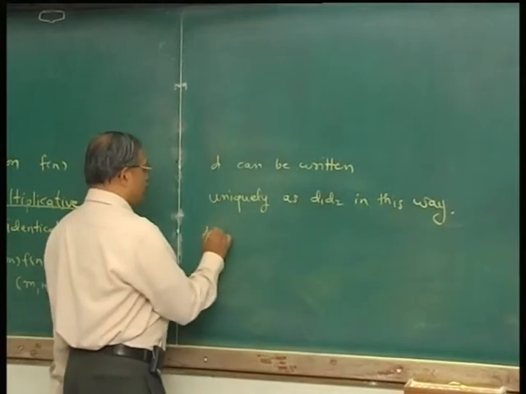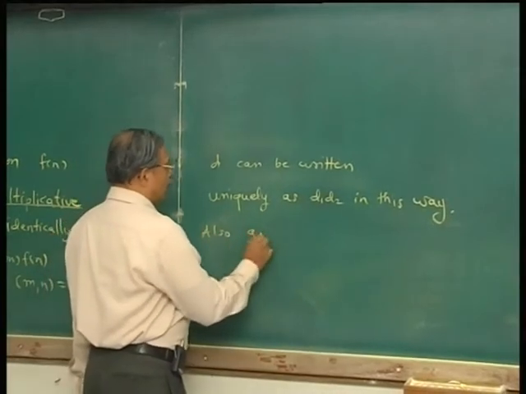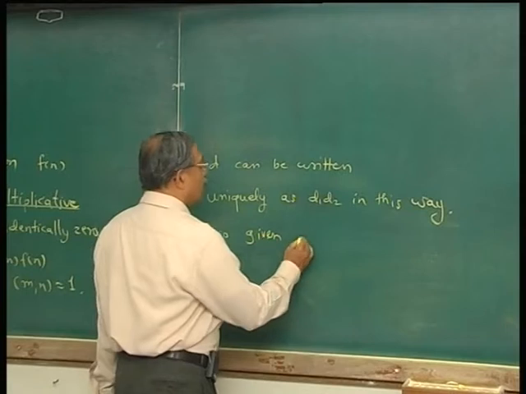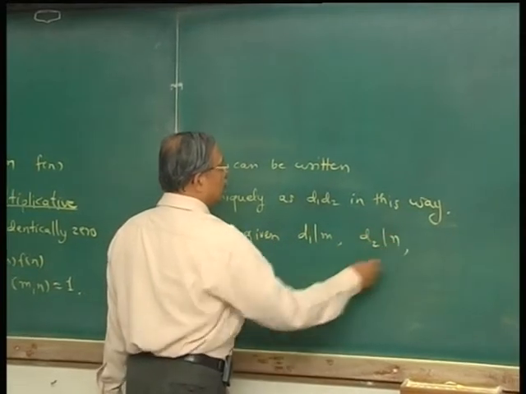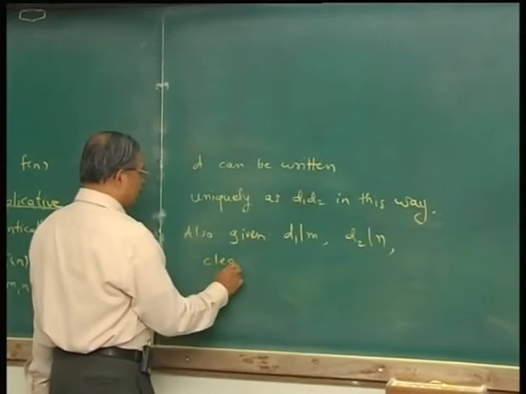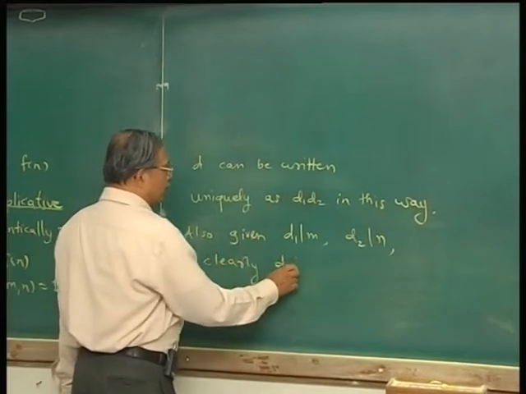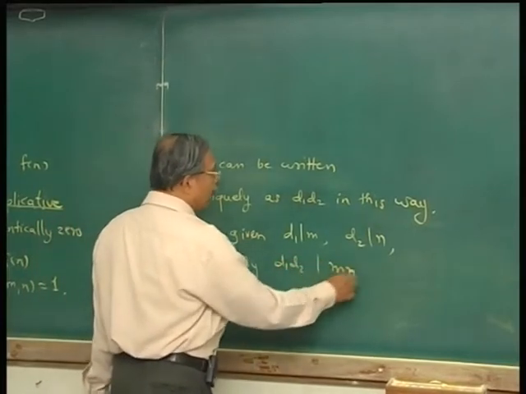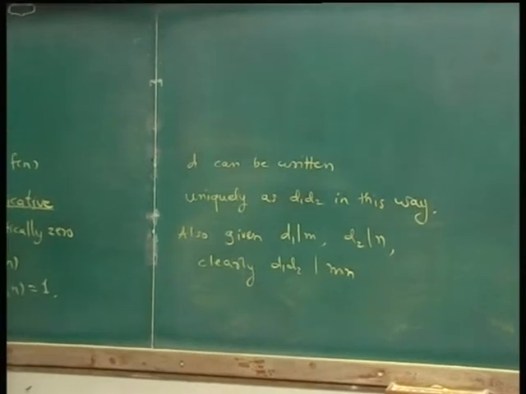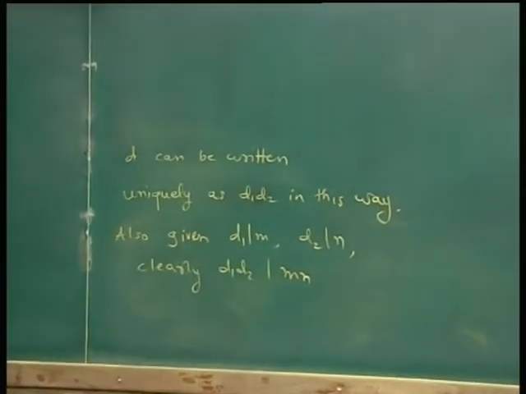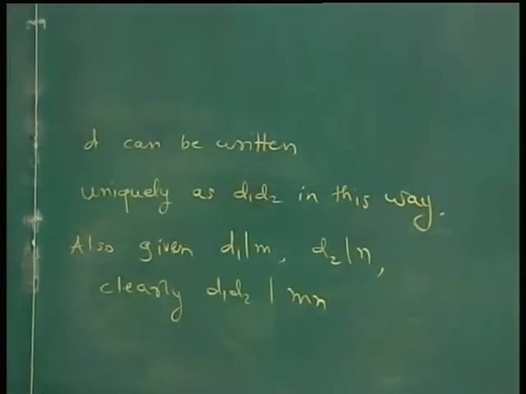So given d1 dividing m, d2 dividing n, clearly d1 d2 divides mn. So we write every divisor of mn uniquely as d1 into d2.